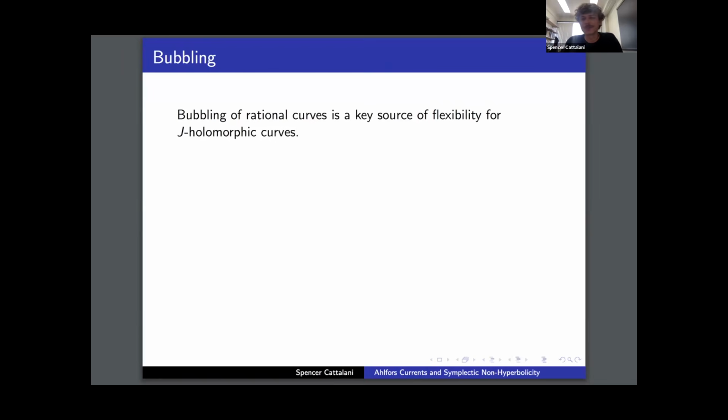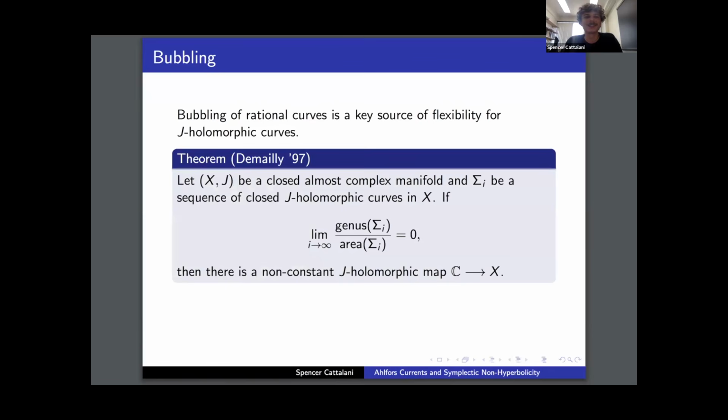There's a similar result for complex lines due to Demailly in complex geometry. So he says if you have a sequence of curves whose areas grow faster than their genera, then there exists a non-constant J-holomorphic map from C, a complex line.